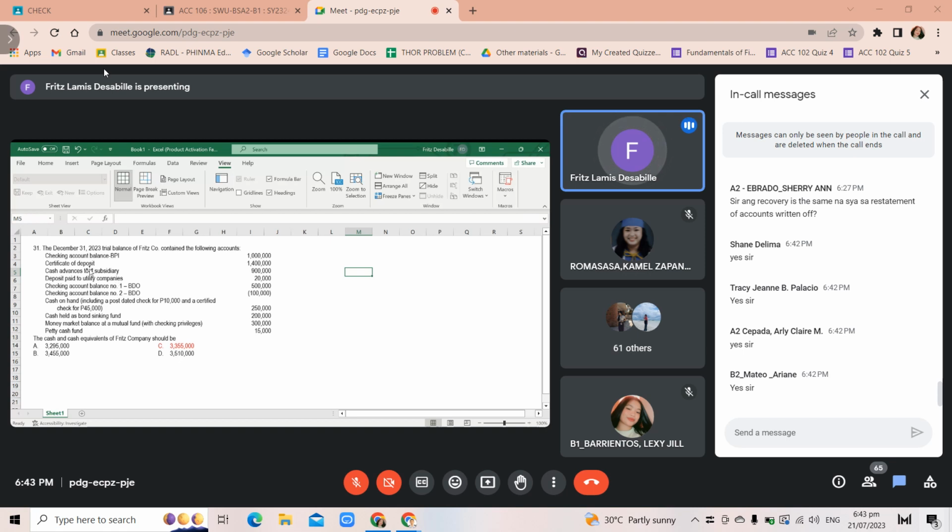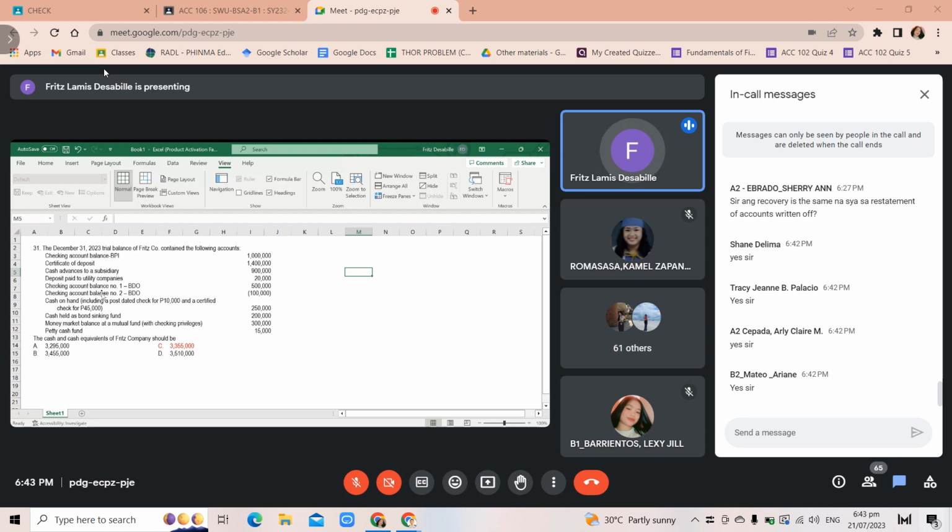So checking accounts, BPI, so this is included. The question is, how much is cash and cash equivalents? So BPI is 1 million. So this is cash. Certificate of deposit, so this is cash equivalent, no? Or cash advances to subsidiary. This is a receivable.